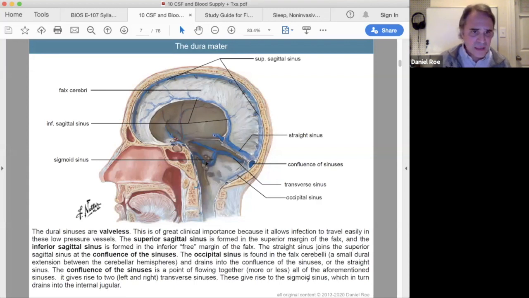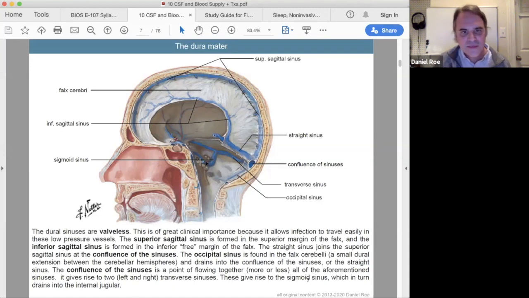Here we have the superior sagittal sinus running right there at the top of the falx cerebri. We have, of course, an inferior sagittal sinus right here. That's labeled over here too. And then that comes around and dumps into the straight sinus, and we'll come back to it.